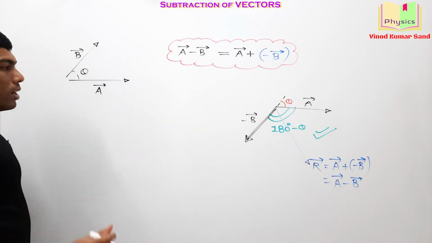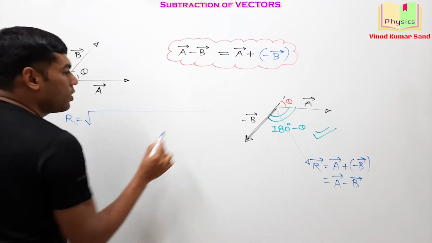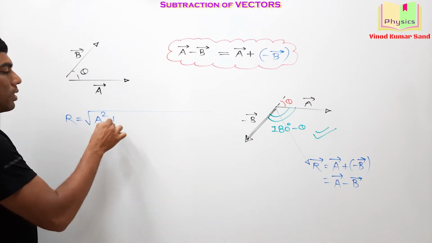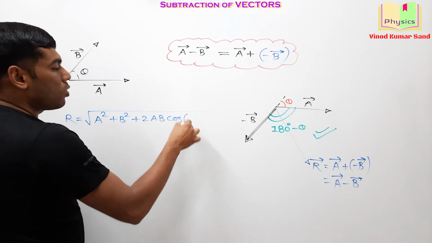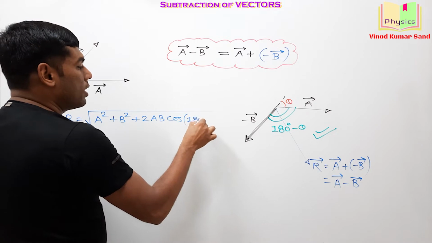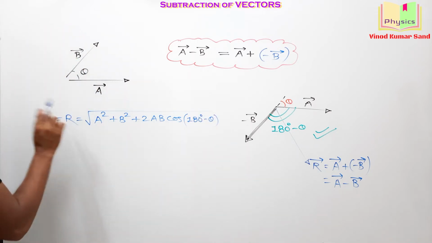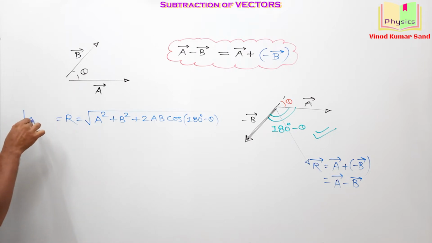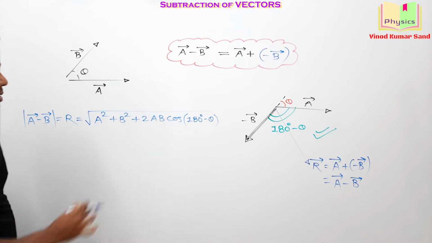Its magnitude can be obtained using this formula: r is equal to root of a square plus b square plus 2ab cos of 180 degree minus theta. This r can be written as mod of a vector minus b vector. Now let us simplify.